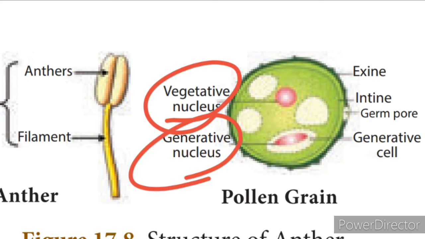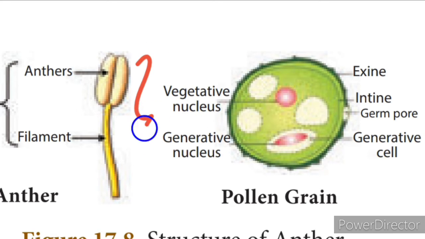So these are the two cells, the vegetative cell and the generative cell. The vegetative cell consists of a large nucleus, and the generative cell mitotically divides into two male gametes in the process of reproduction.